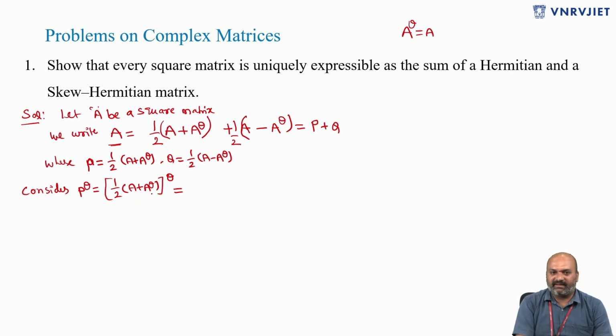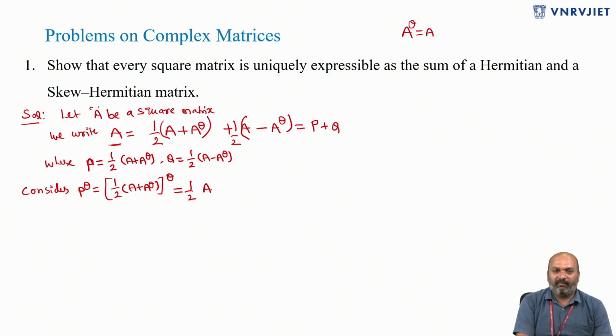It is in the form k into A whole power theta, which is k bar into A theta, but k bar is k itself, since it is a real number, not complex. So the conjugate of a real number is itself.